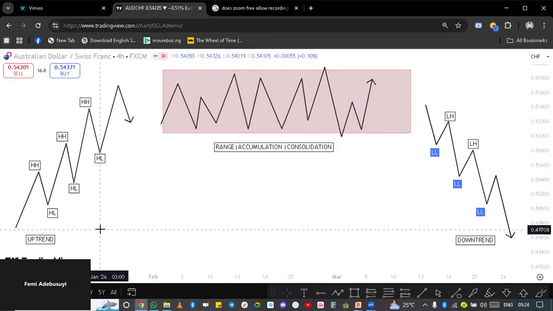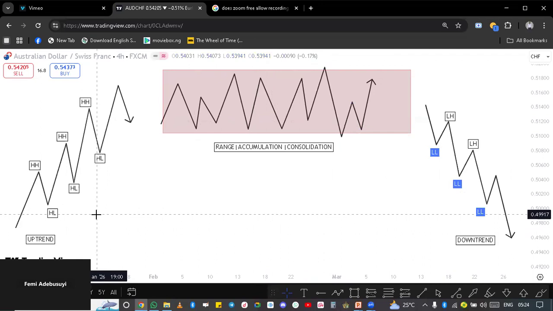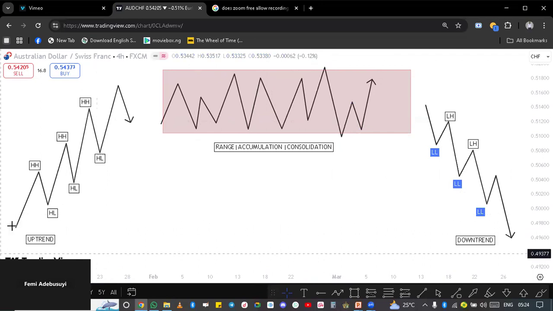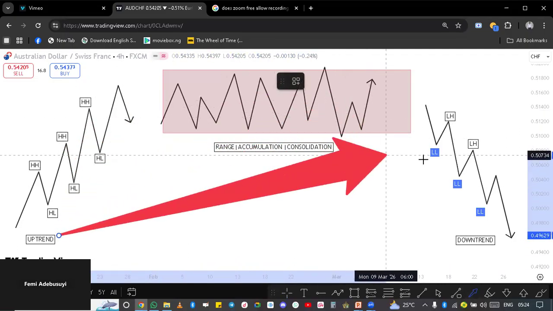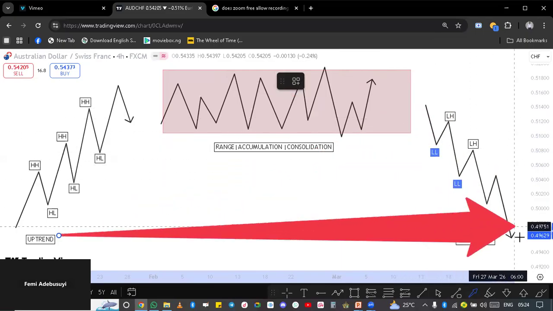So price moves basically in three directions, like I just mentioned. It's either going upward, going sideways, or it is going down.